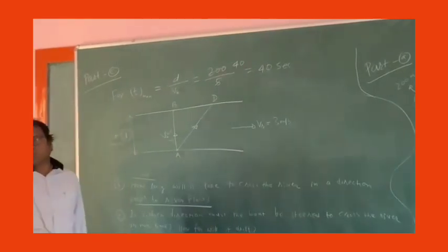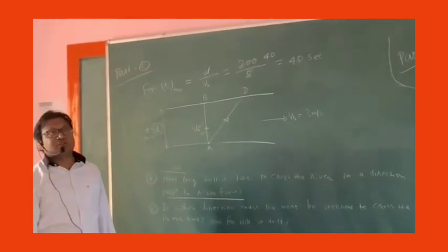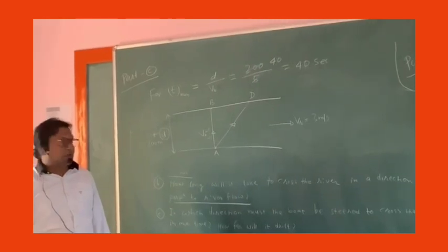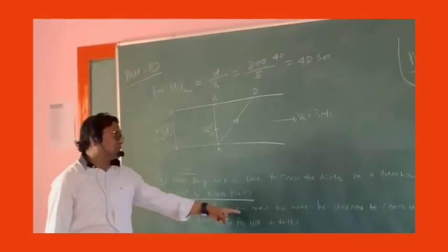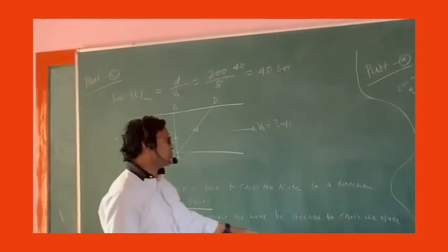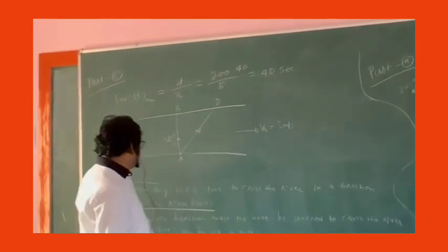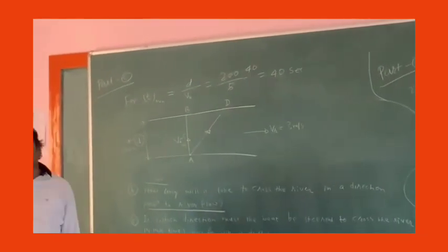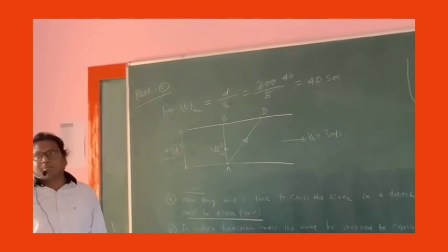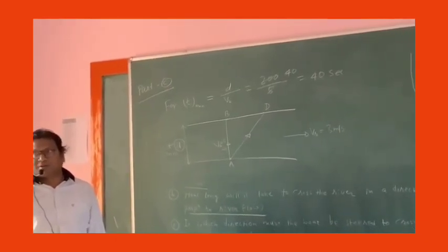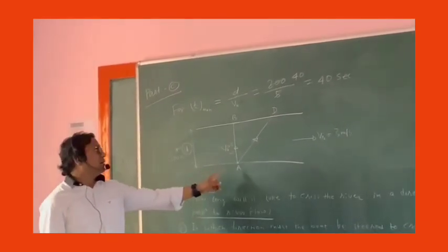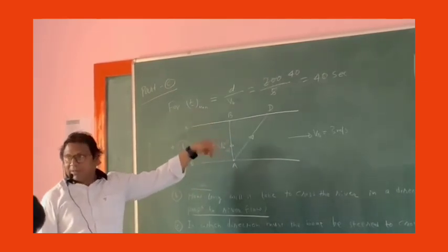Okay. So they are asking in which direction must the boat be steered to cross the river in minimum time. So what will be the direction of boat for minimum time? He will go along AB.